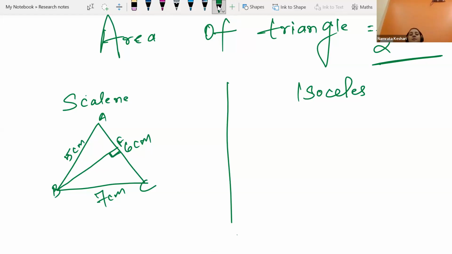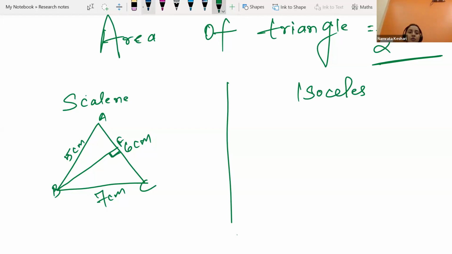Base doesn't mean that it has to be a horizontal line. I have seen class 10 students also, whenever I ask the base, they say that BC is the base. No, base doesn't mean ground level. Any side can be the base. You just need to be sure where the height is. Whichever side the height falls on, that is the base.